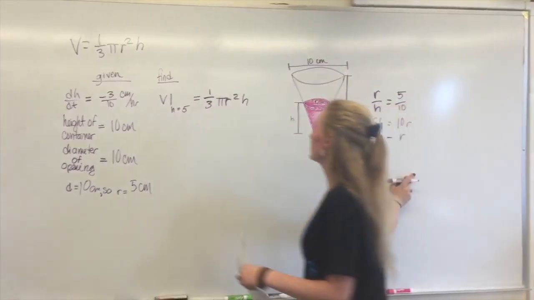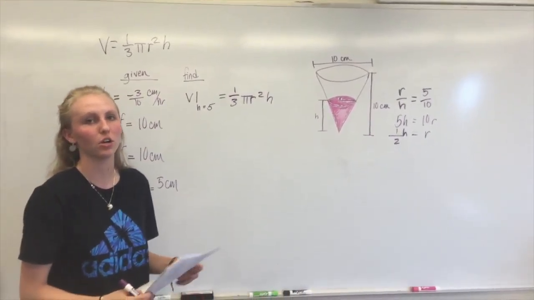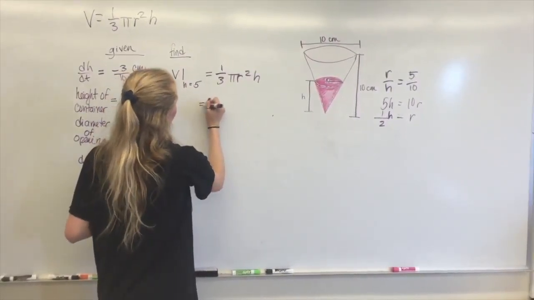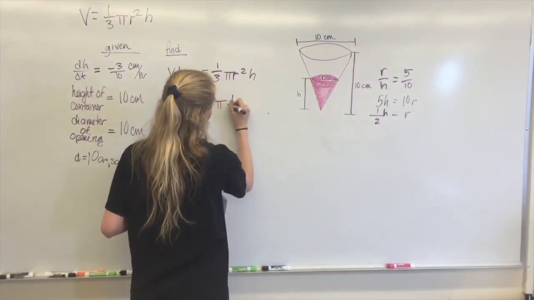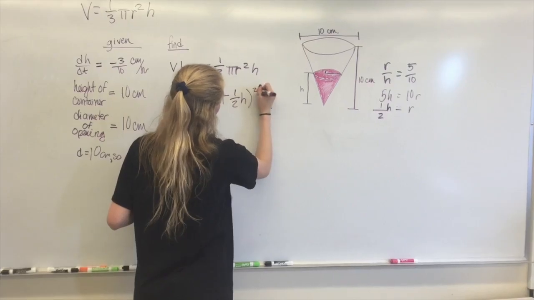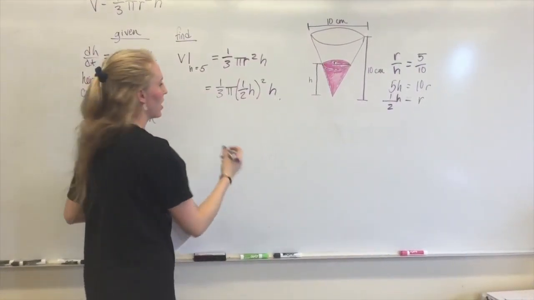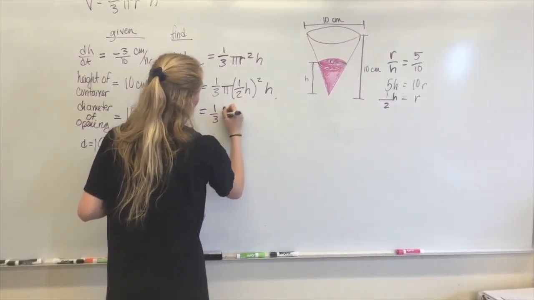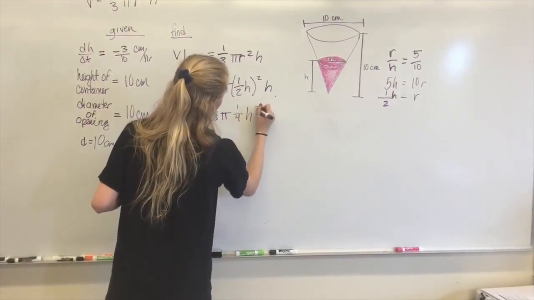Because you don't want to have more than one variable, and there's a relationship between h and r, you just plug in your variables, so you have 1/3 pi, and then r is 1/2 h, so you do 1/2 h squared times h. Then you simplify, and you get 1/3 pi, and you square that, so 1/4 h cubed.